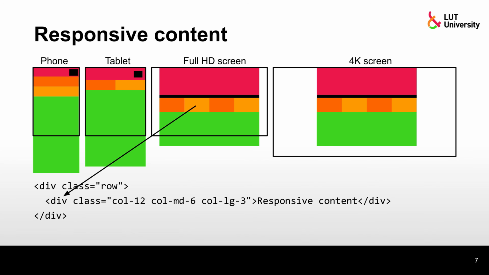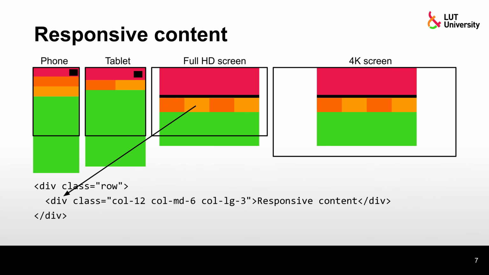So if you are not defining these extra large definitions and use those prefixes, then it's using the large one there. So in the phone it's taking all the space. In the tablet mode, medium mode, it's taking half of the space, so 6 out of 12 units.